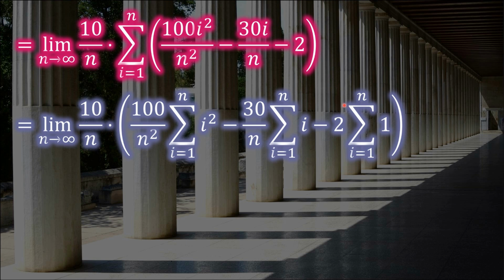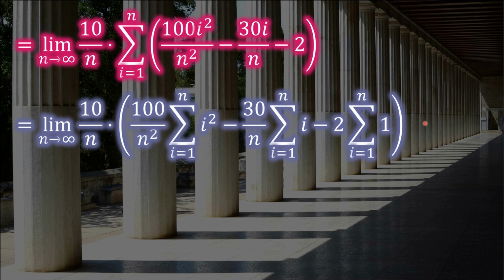And from here I could think of it as pulling out a -2 and calling it just 1. I like writing it that way because it makes each one of these summations look exactly like the summations that I have a direct formula for. We talked about the summations of 1, i, and i squared, and i cubed, which thankfully didn't show up here because that could have been really annoying.